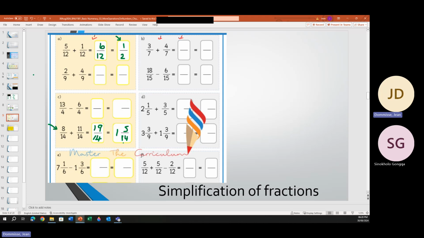We can test that again by saying 14 times 1 is 14, and 14 plus 5 gives you the 19. That's again a way to really test if you have simplified it correctly.